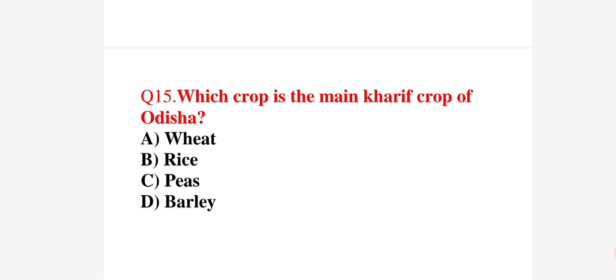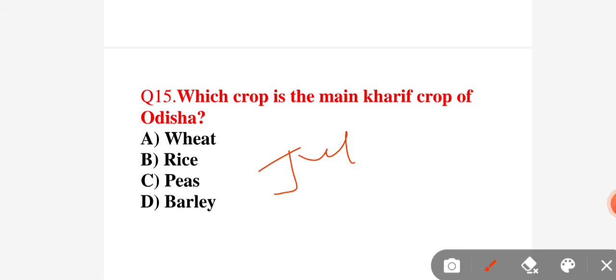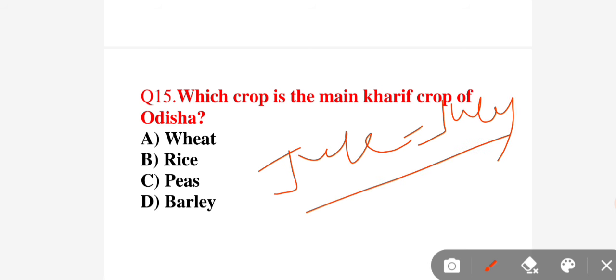If I talk about kharif crop, the kharif crop is generally sown around June to July, that is during the arrival of the monsoon. Okay, at the start of the southwest monsoon in Odisha, the kharif crop is generally sown.